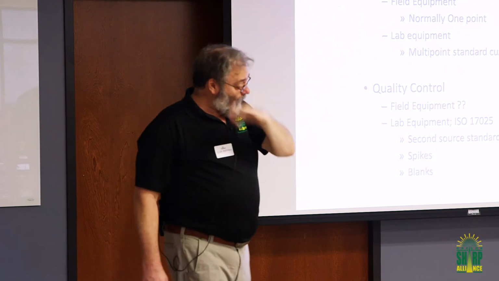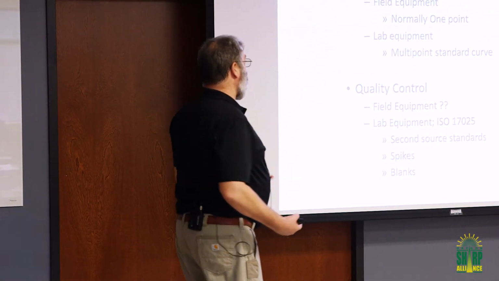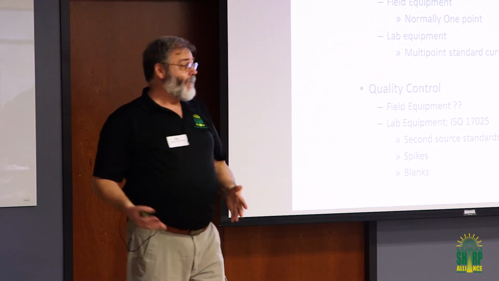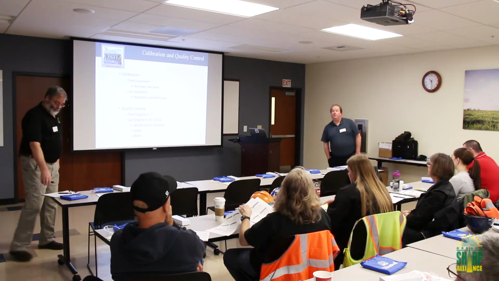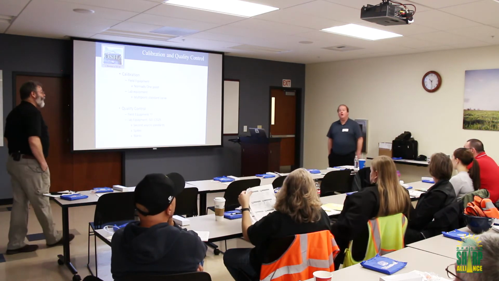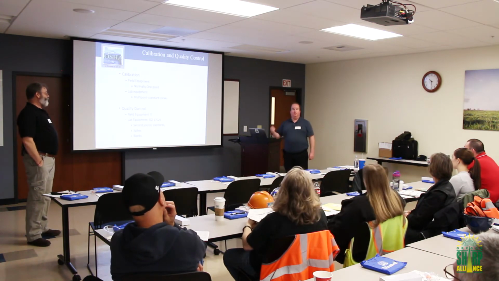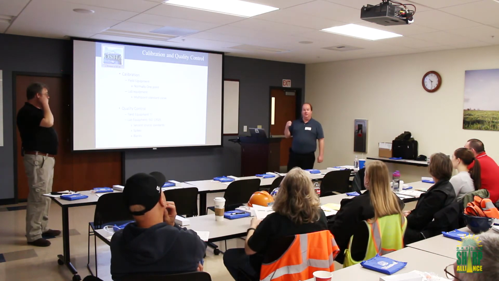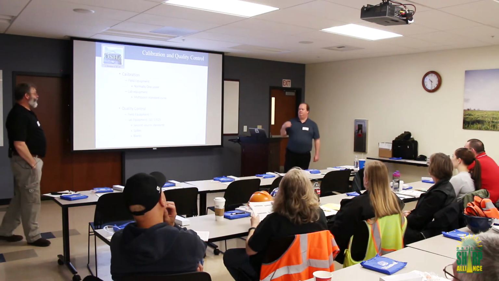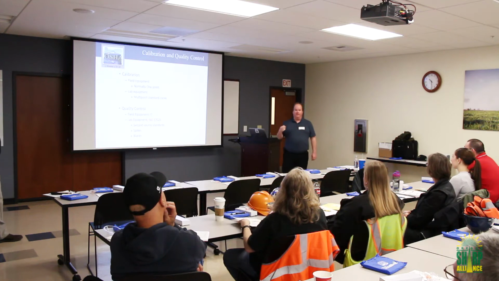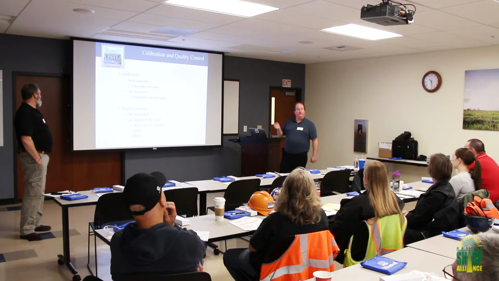So, the other piece that we want to make sure that you understand is quality control and calibration. Dave, I'm going to let you talk about calibration and the importance. So one of the things that we have to know when we're doing air monitoring and air sampling, so we're running a specific amount of air through a filter, either like a charcoal filter or a cassette or something, is how much air we are drawing through that filter.